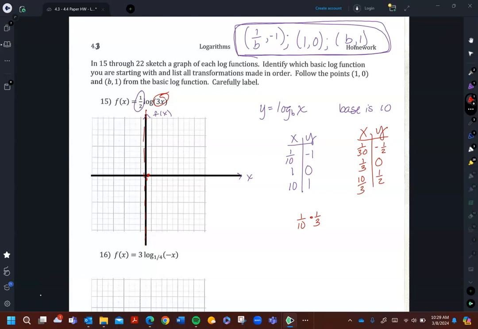And then the 10/3, if you want to convert that into a mixed number, just to remind you, it'd be 3 1/3. So it's easier to place. And then I would have that at a half.